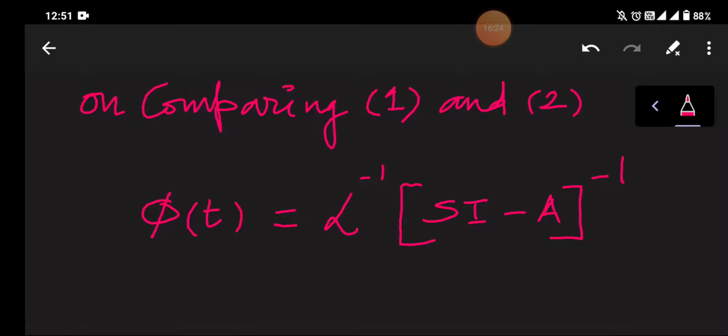Okay, so this is our phi t, which is our state transition matrix.